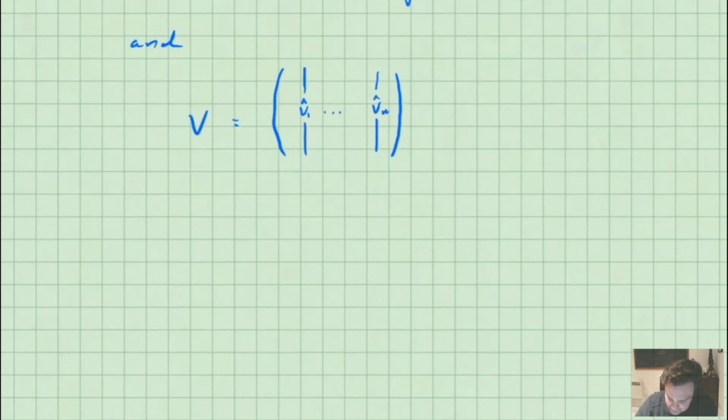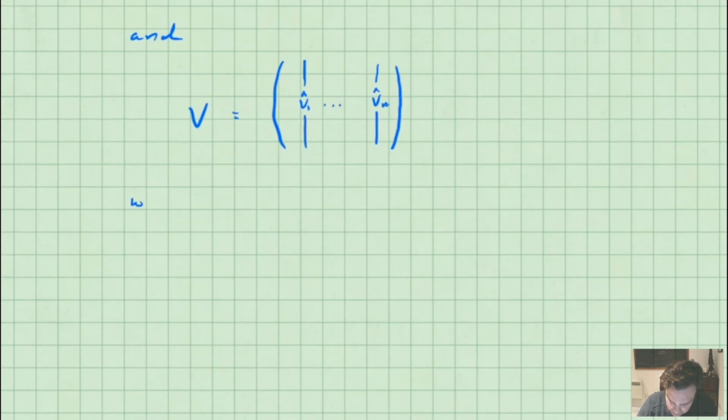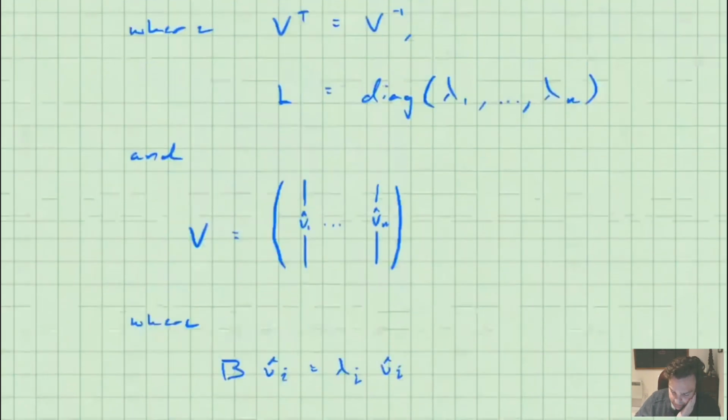And so these are the eigenvectors, meaning B times V hat i is equal to lambda i V hat i. And you can choose to order them in the usual way that we've been doing, in terms of decreasing absolute value of eigenvalue.